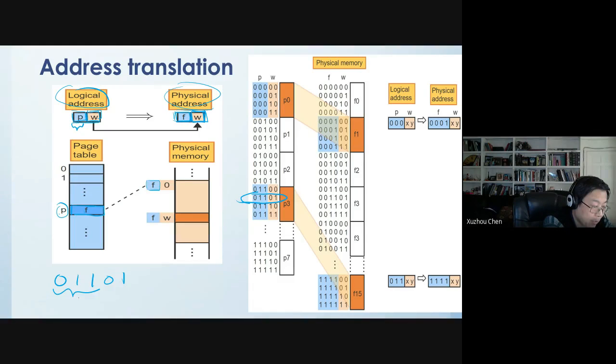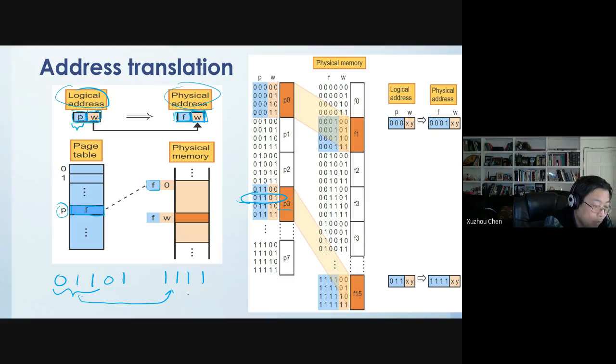Page number is 3. It's page 3. So page 3 is mapped to frame number 15, which is 1111.